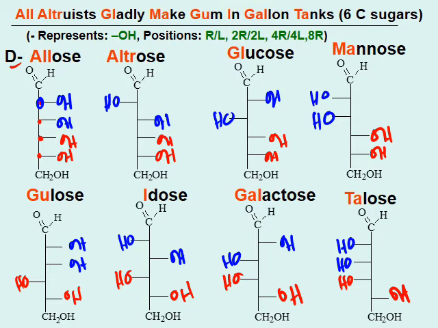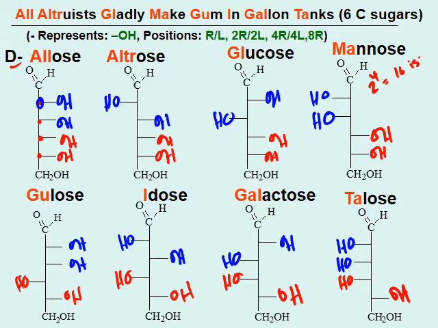The first one is called allose, D-allose. Next one is altrose, glucose, mannose, gulose, idose, galactose, and talose. And keep in mind, we have 4 chirality centers, so total isomers would be 2 to the power 4, 16.